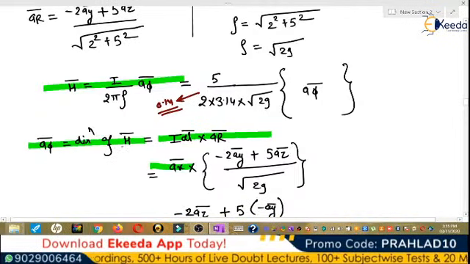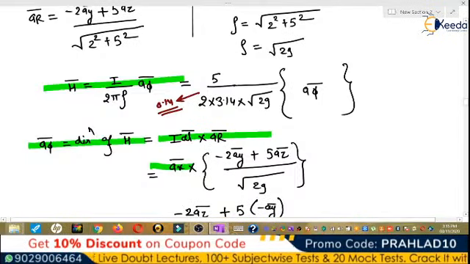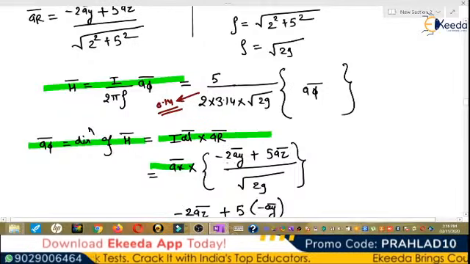A phi is the direction of the magnetic field vector H, which is equal to the I dl vector cross AR vector. The I dl vector is along AX because the current carrying element is placed in the X direction. And AR vector is (minus 2AY plus 5AZ) by root of 29.